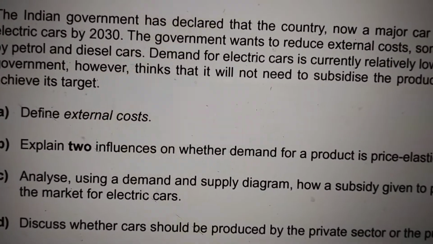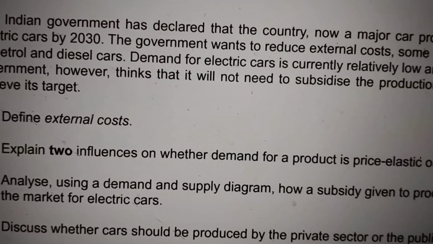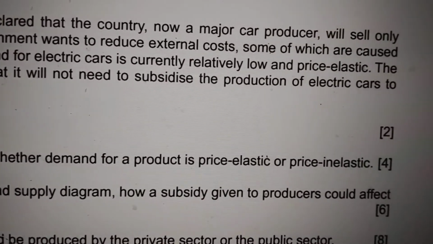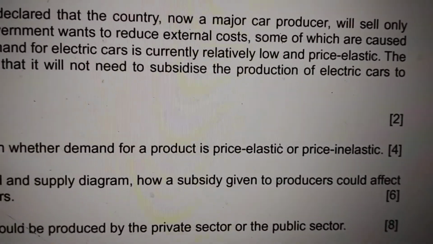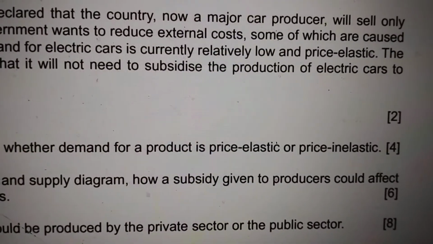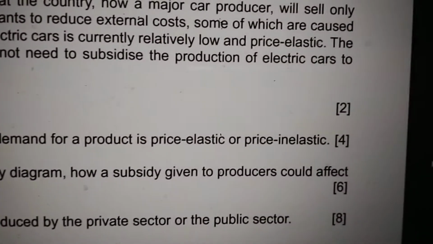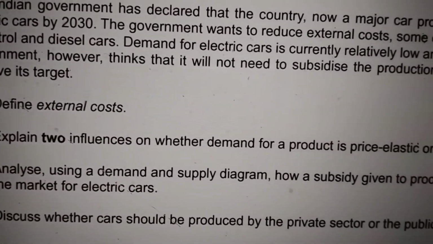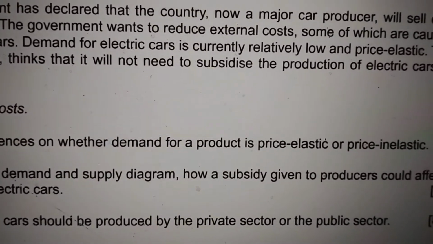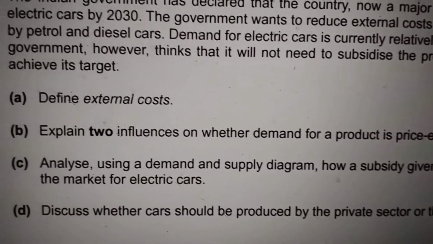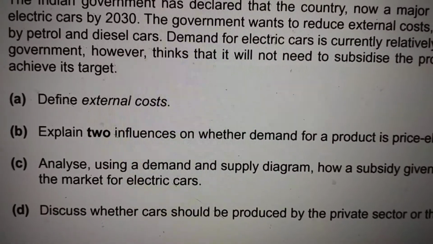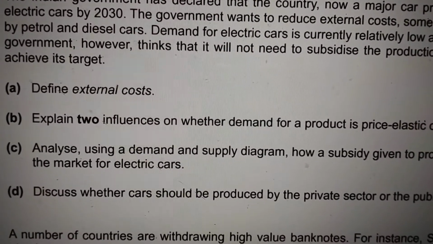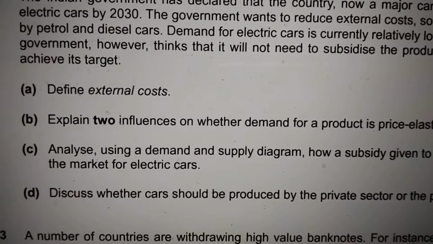So the world is now shifting towards more of the solar cars and environment friendly products. Demand for electric cars is currently relatively low and price elastic. So it means that you can't change the price that much because the demand will change significantly. The government, however, thinks that it will not need to subsidize the production of electric cars to achieve its target. So they are not going to subsidize, meaning not giving incentives to the producers.